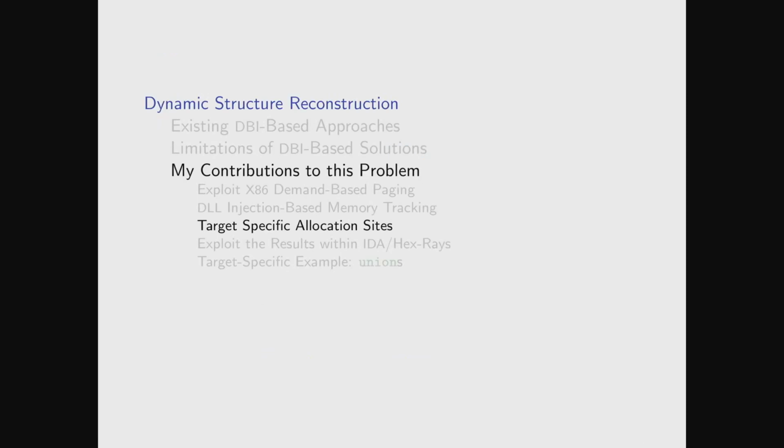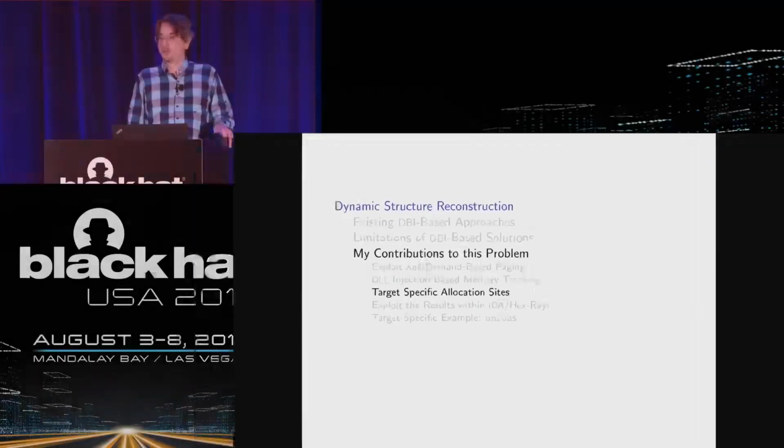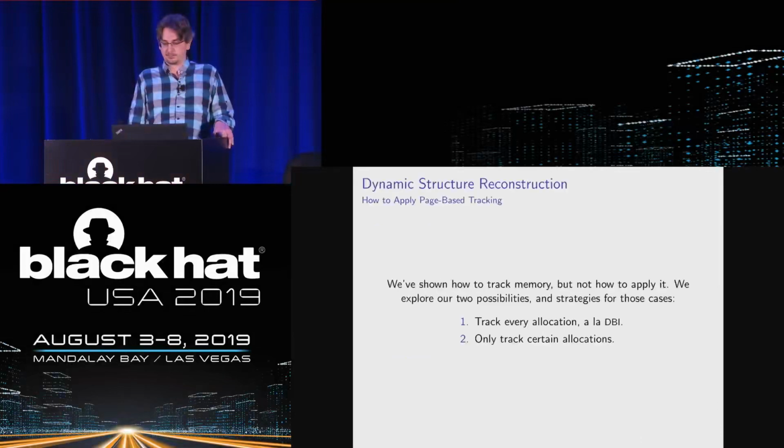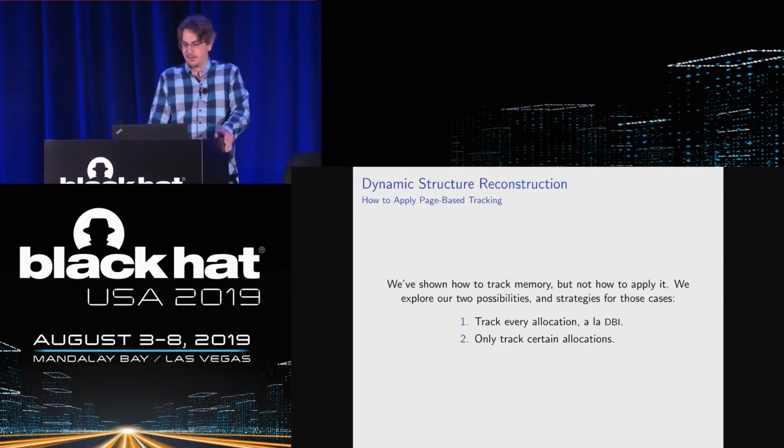So another major optimization idea I had has to do with only tracking specific allocation sites. Heretofore, I've shown you how these DBI tools work and the basic idea behind my replacement for it, but I haven't really told you how we apply this page fault-based memory tracking.